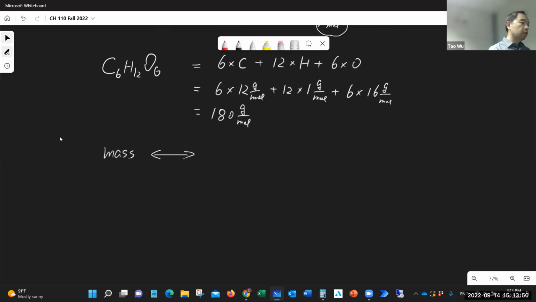What is the relationship between mass and mole? In the middle, we're using molar mass as the conversion factor between each other. Gram to mole and mole to gram.